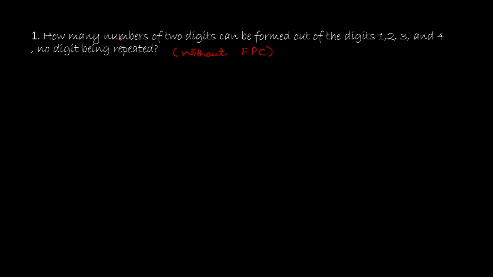How many numbers of 2 digits can be found out of the digits 1, 2, 3, and 4? No digits being repeated.